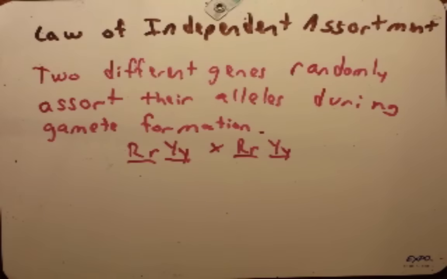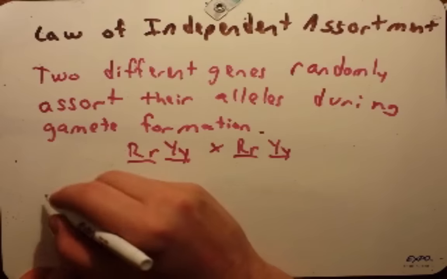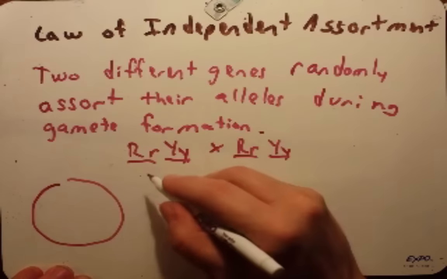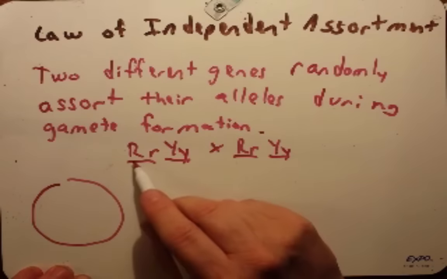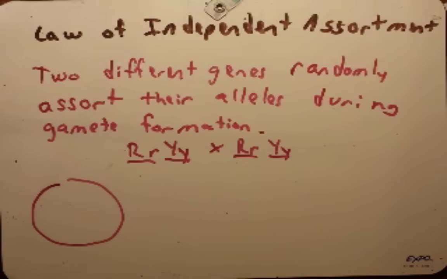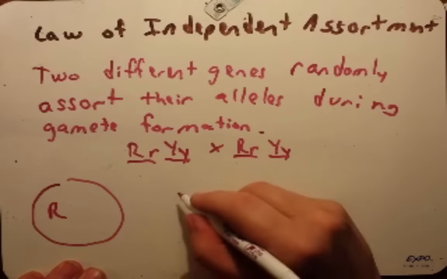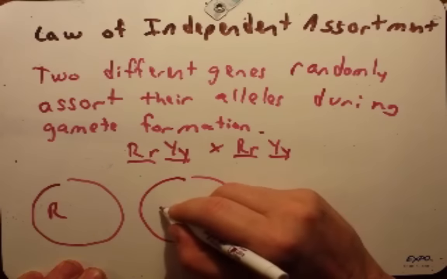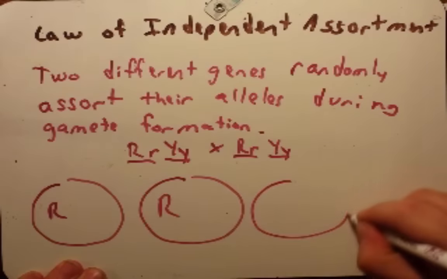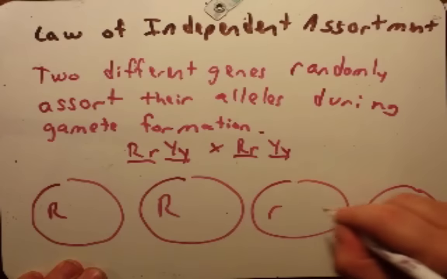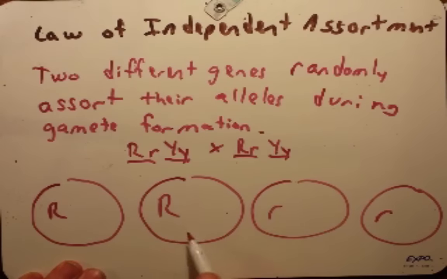So remember that Mendel's law of segregation says that these alleles, let's just look at R, that big R and little r, they separate during gamete formation, and you would expect 50% of the gametes to have big R, or little r. And remember, I'm putting in two of each because one diploid cell makes 4 haploid gametes. So you expect half of them to have big R, half to have little r.